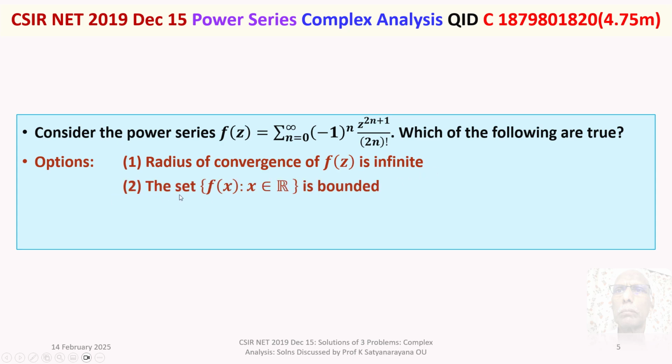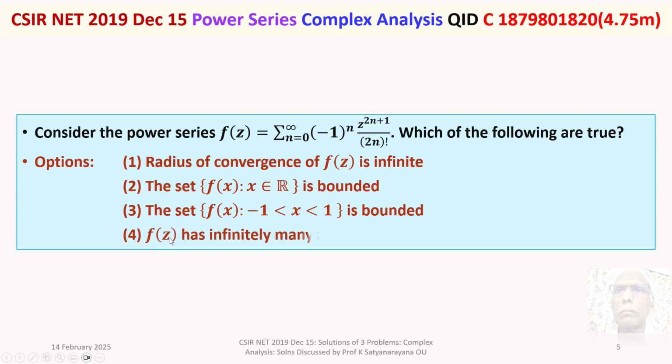Option 2, the set consisting of f of x where x belongs to R is bounded. Option 3, the set consisting of f of x where -1 < x < 1 is bounded. Option 4, f of z has infinitely many zeros.